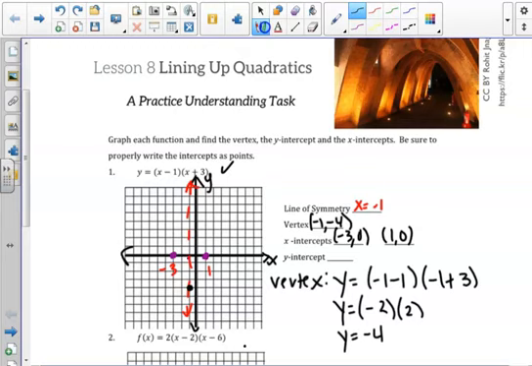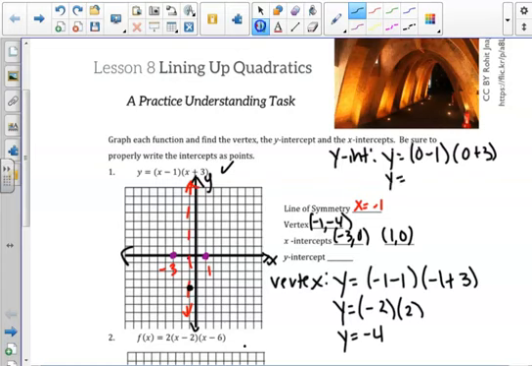And the last thing that we discussed is how to find the y-intercept. Keep in mind whenever you cross the y-axis, your x value is always 0. So to find the y-intercept, we can plug 0 in wherever we see x in the equation, and this will always work for us.